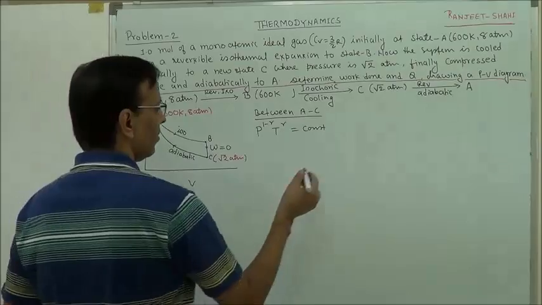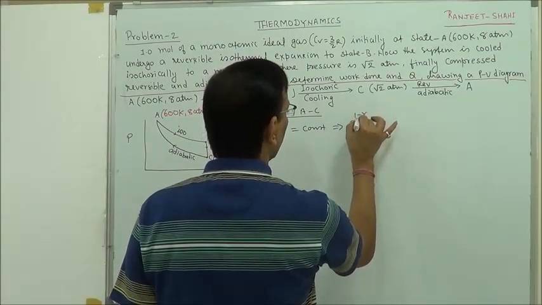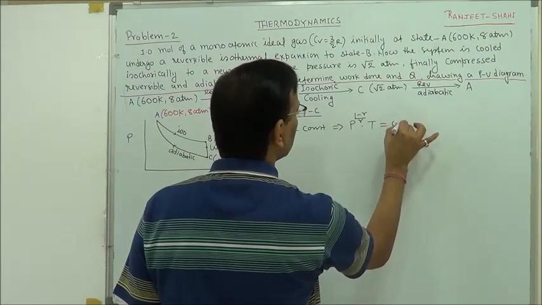Or we can say that P raised to the power (1 minus gamma) upon gamma, into T is constant.